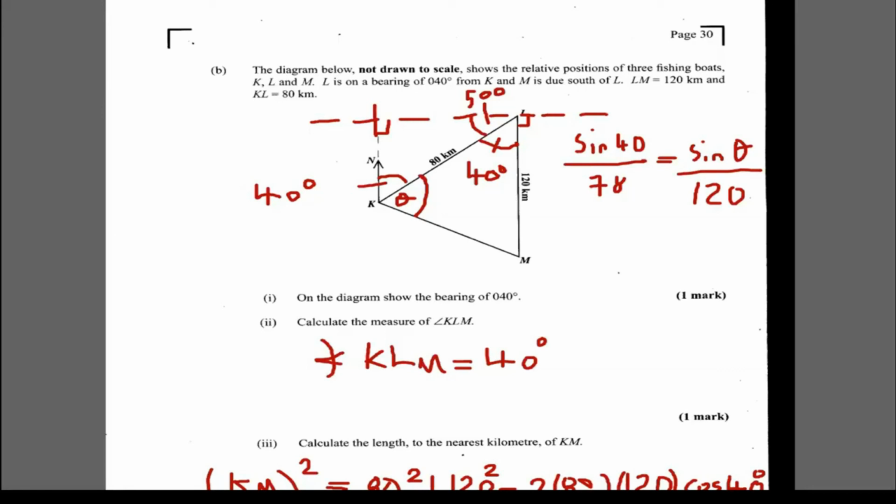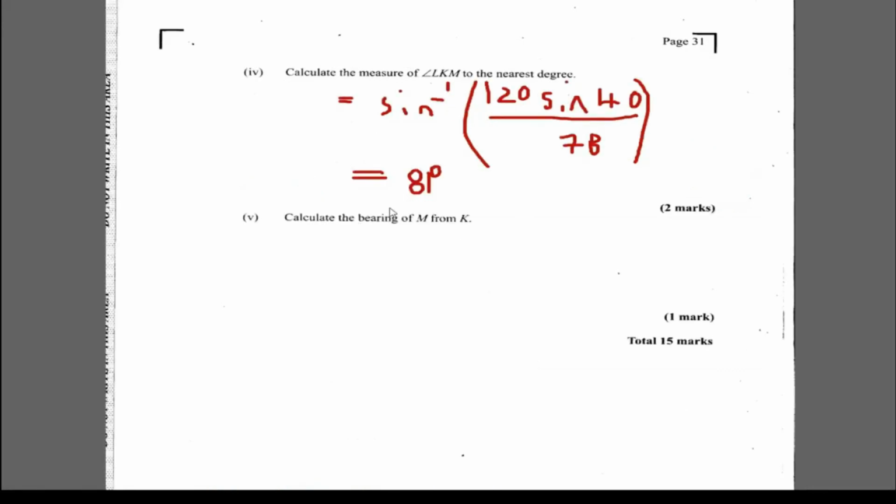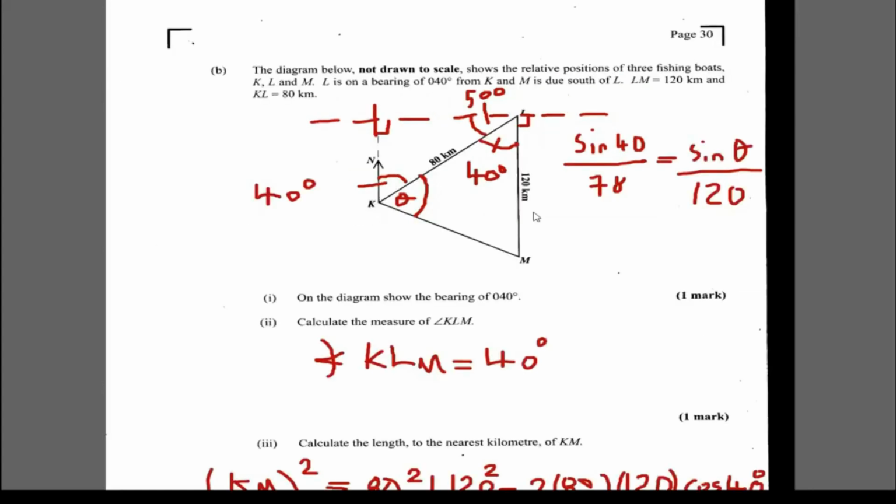Now, what's the final thing they're asking for? They're asking for the bearing of M from K. So let's work that out now. The bearing of M from K is going to be all of this angle, so this is 40 plus theta, 81.